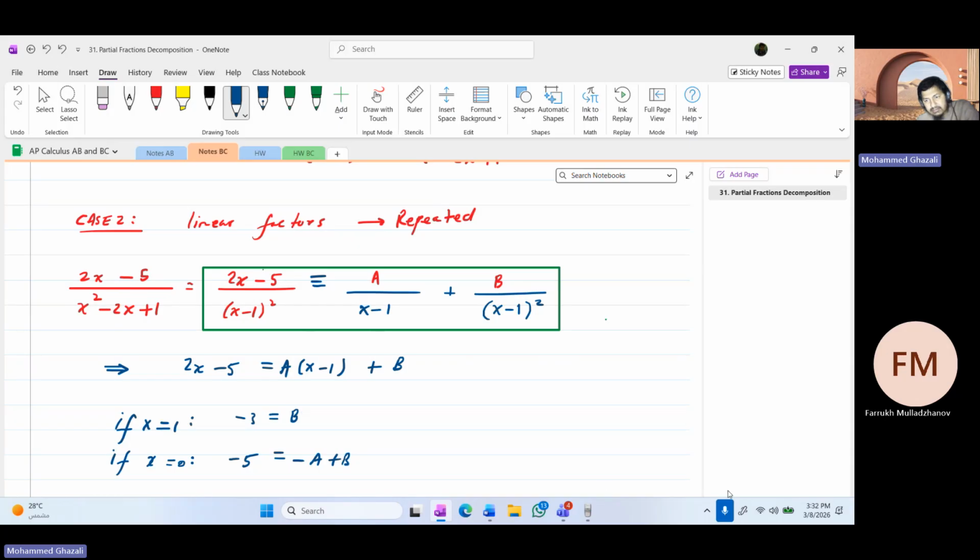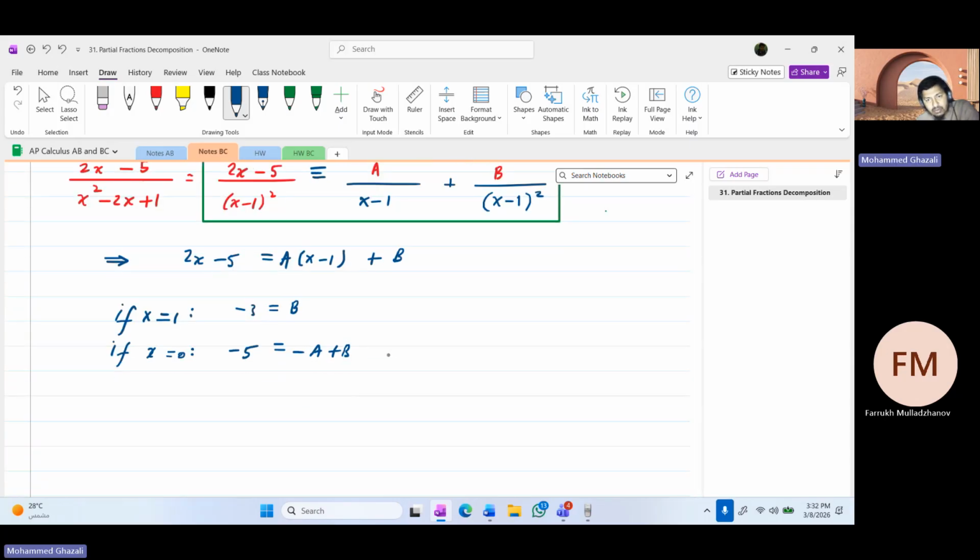We already solved for B value, B is already negative 3. So you're allowed to take an answer from before and substitute. So this implies, okay, let's go below this. We got negative 5 is equal to negative A minus 3. Take the negative 3 over, you will get negative 2 is equal to negative A. This implies A is equal to 2.